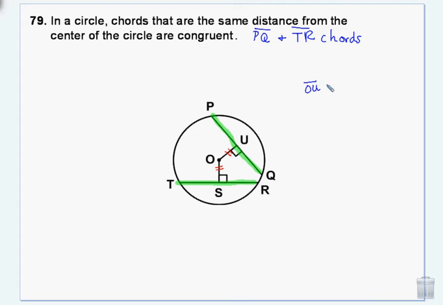So OU would be congruent to OS, and that's the distance from the center. And because of that, we would have that PQ is congruent to TR. And just put O is the center.